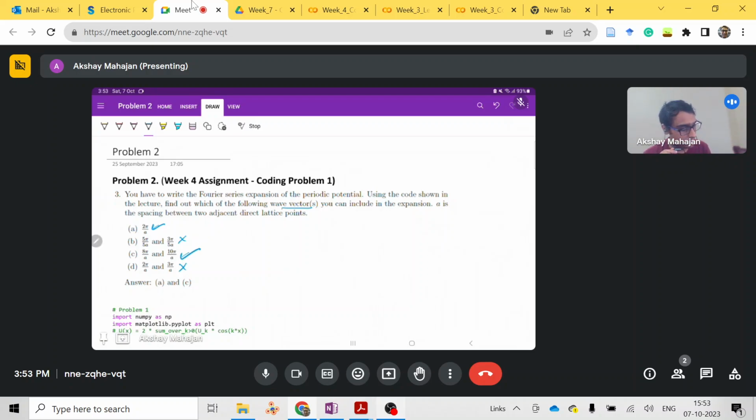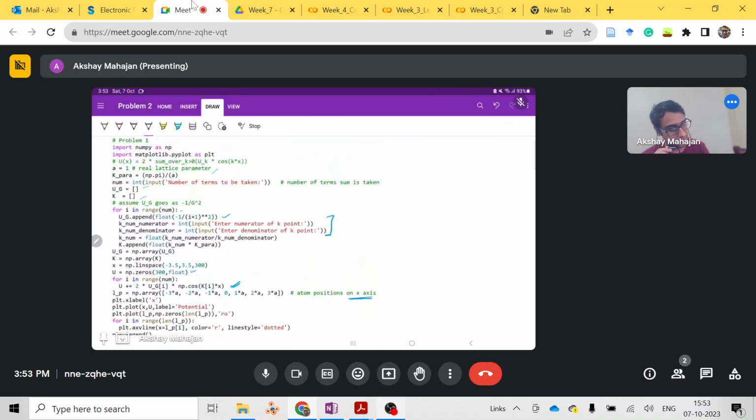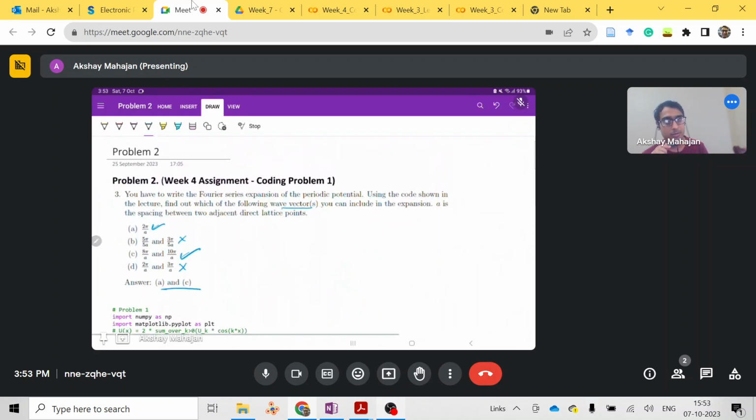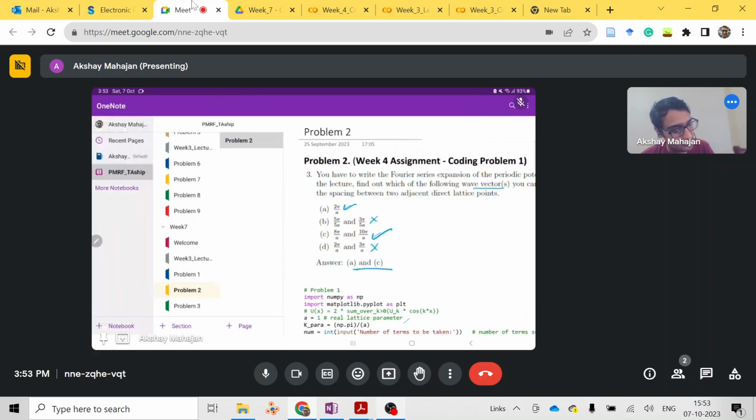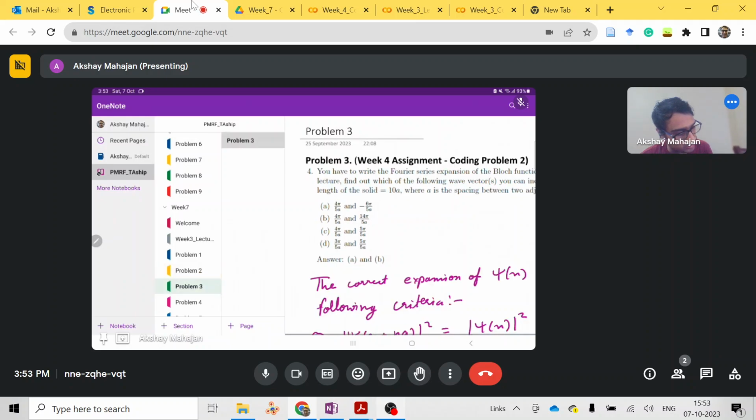That's why the answer should be A and C. Alright, so you can just go through this code and play along with it, maybe with some other k points as well. Alright, so let's quickly go to problem number 3.